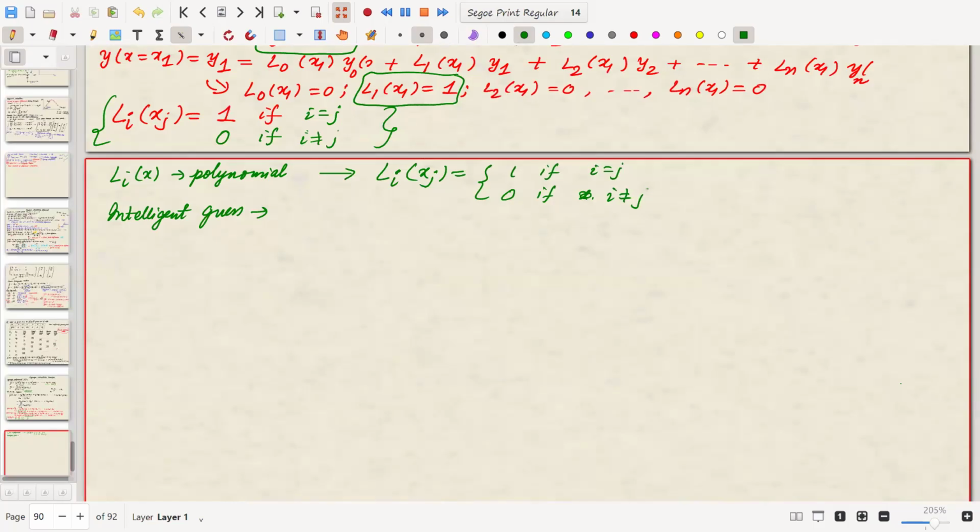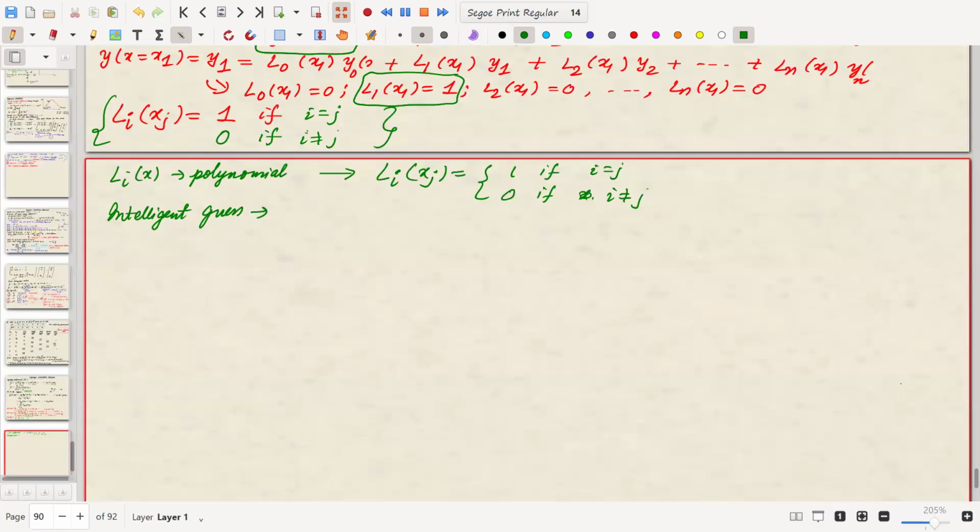This is not intuitive, but since Li at xj is equal to 0, there should be a term x minus xj, so that when you substitute xj, the difference is 0, and since it is multiplied with some other quantity, it is 0. Are you getting the intuition a bit?